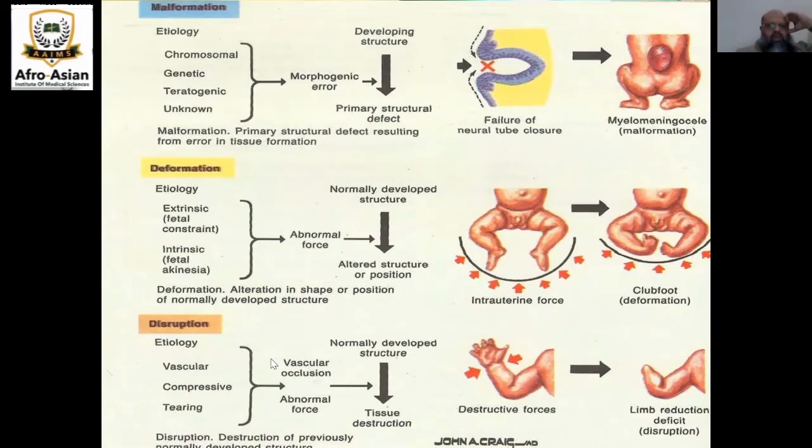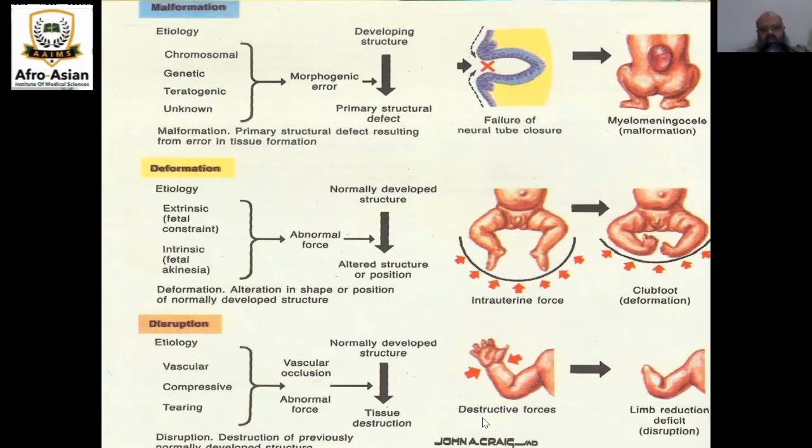Then comes disruption. The etiology is vascular, compression, or tearing. We can have vascular occlusion or abnormal force on an abnormally developed structure, and it can result in destruction of the tissues.